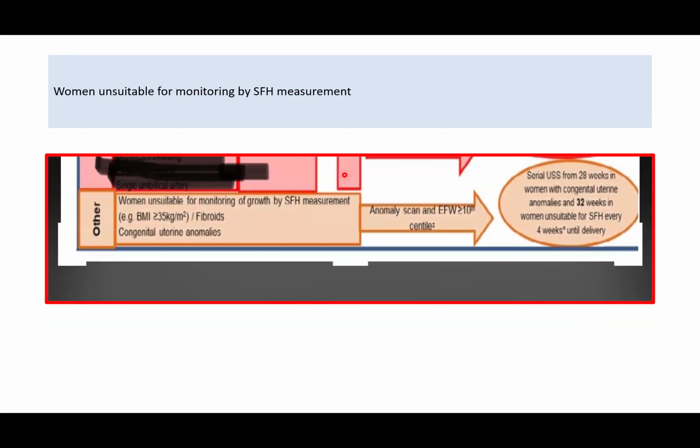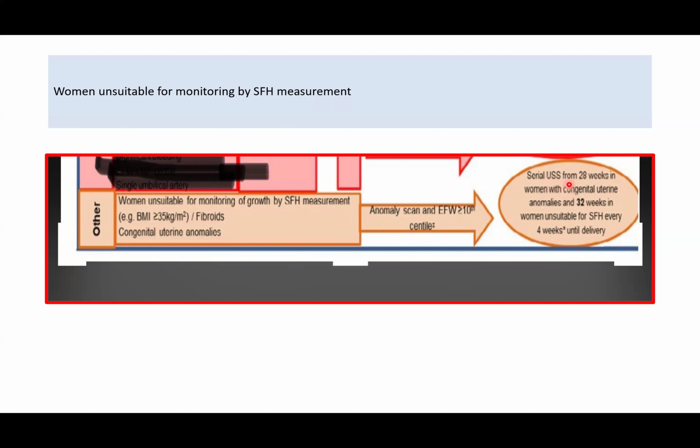Now, how to monitor women who are unsuitable for monitoring by symphysis fundal height measurement? Like we know, women whose BMI is 35 or more, who have fibroids, or those with congenital uterine anomalies.